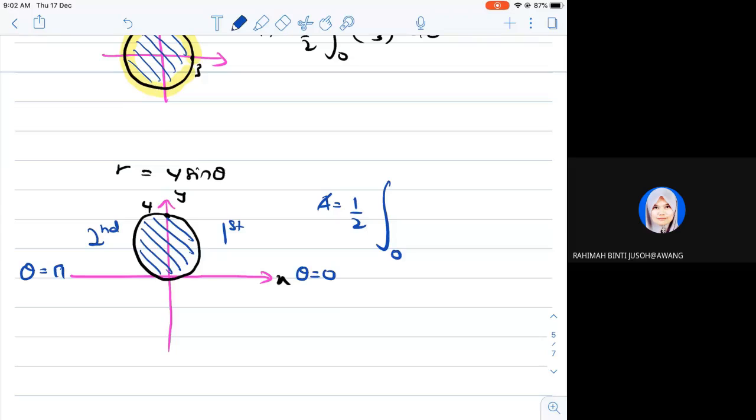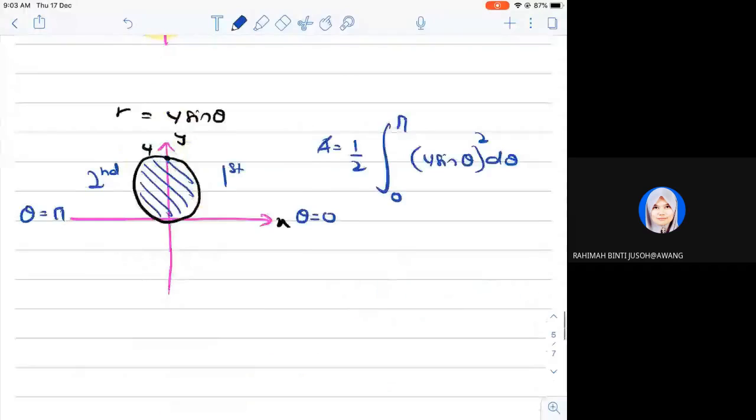So 0 until pi. So you have to look at the location of the region. Not necessarily always 0 until 2 pi. You have to look at the position of the shaded region. So for this case, we have 0 until pi. So 4 sine theta, d theta, squared.